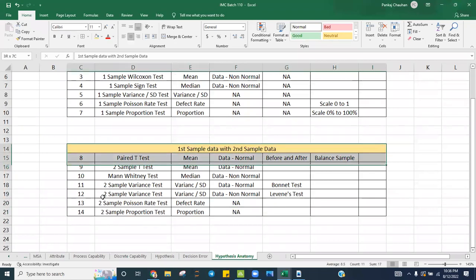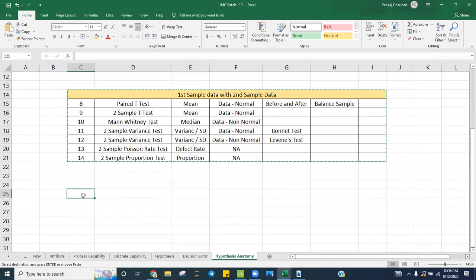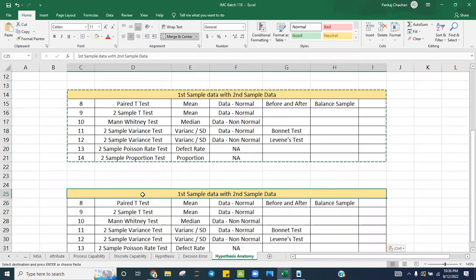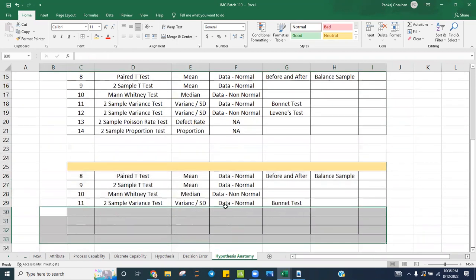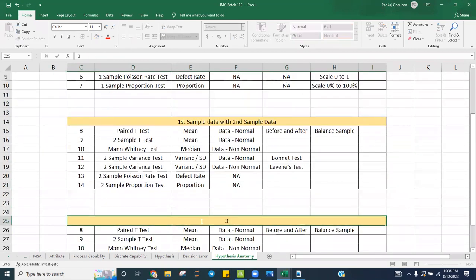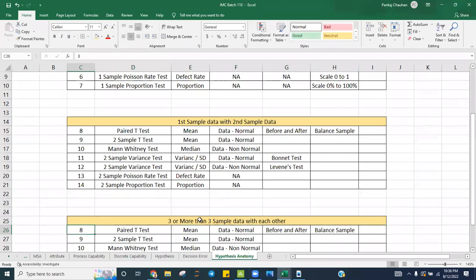No? Okay. Let us understand another category. When you are comparing more than two samples with each other, when you are comparing three or more samples of data with each other, which test will we be performing?